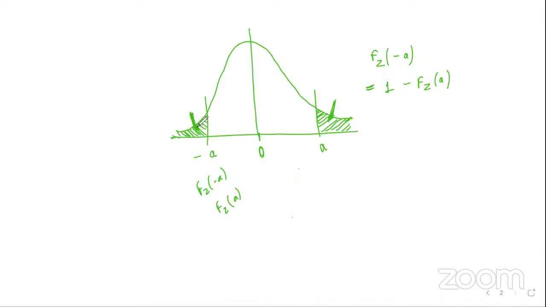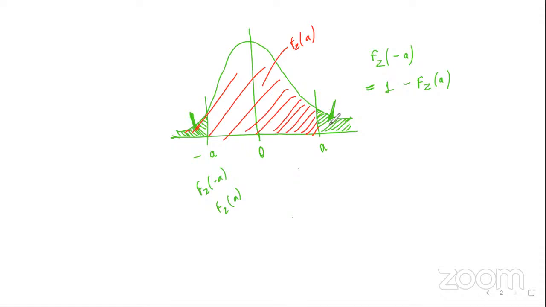So if you subtract everything till here, wait. F of a, you know, is this whole part, right? This whole red area is F of a. Yes. And if you subtract this from 1, you will get the right hand side.